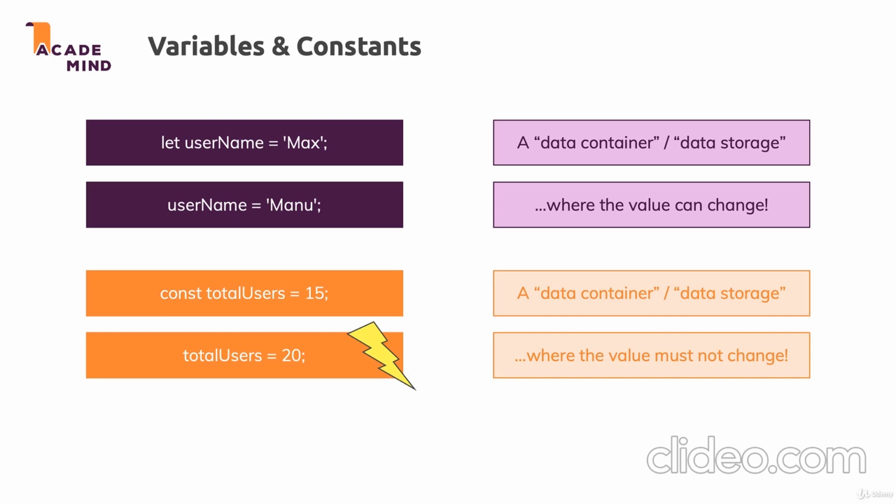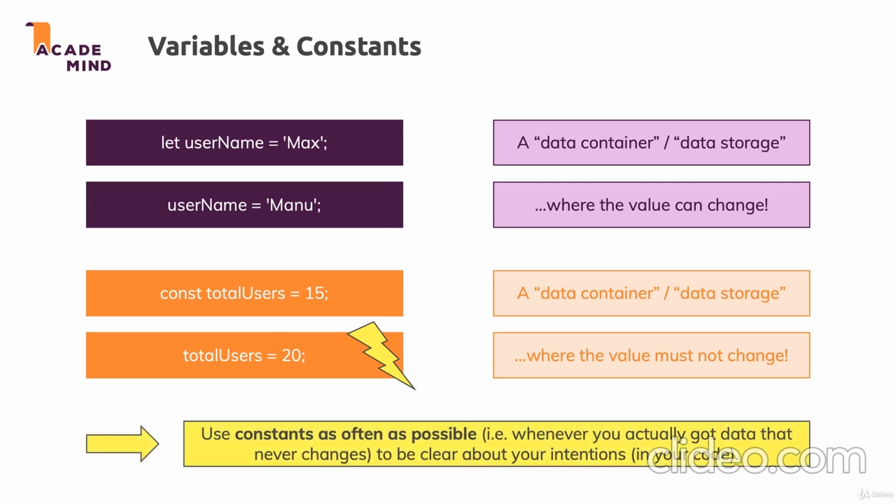For now, just be aware of these two different ways of creating variables with let and with const, where variables with let can be changed, with const they can't be. The general syntax is keyword, name, and then if you want to store a value right away, equal sign and the value. And also one little hint right away, you typically want to use constants as often as possible, which might sound strange at first because they're restricted in what you can do with them, right?